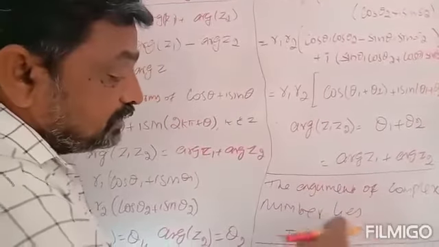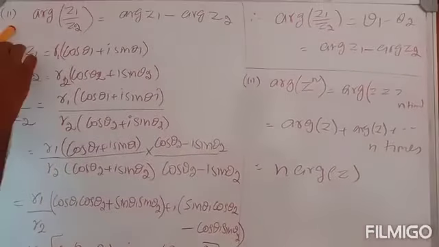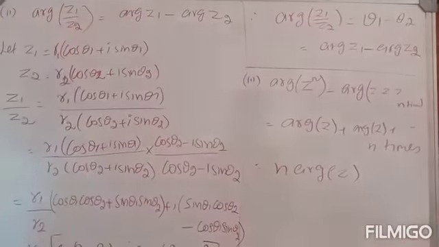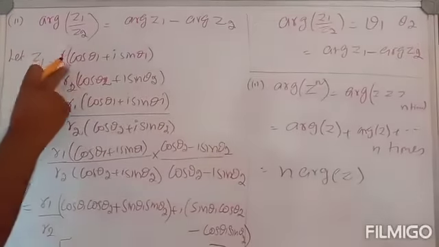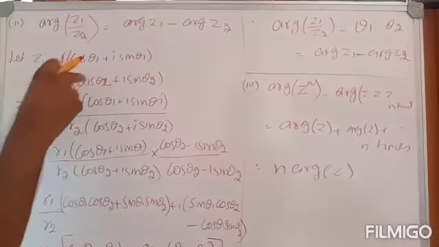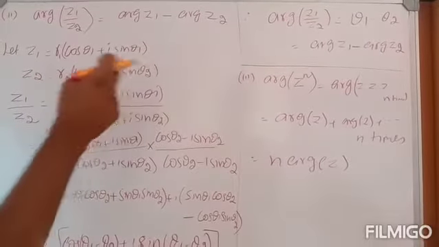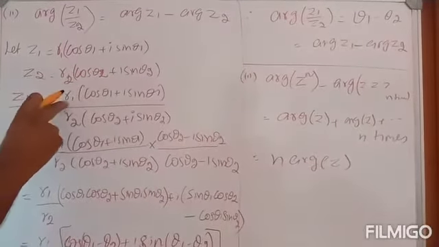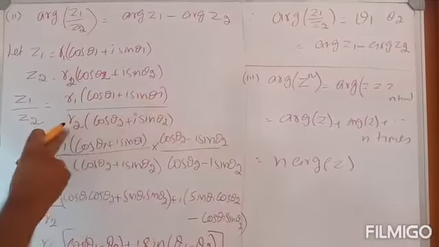Now we already know, from the 11th standard, that cos of a plus b equals cos a cos b minus sin a sin b.